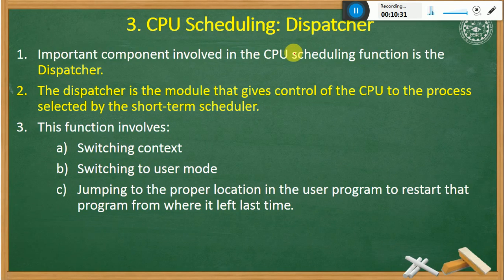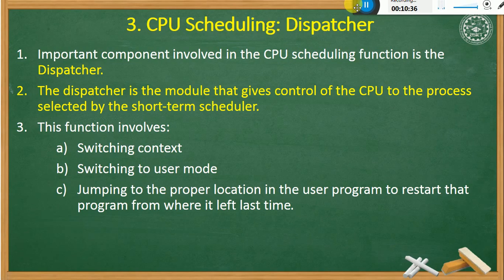In CPU scheduling, two very important concepts are required, and these questions are asked multiple times in the MSBTE question paper. What is a dispatcher, and what is dispatcher latency?